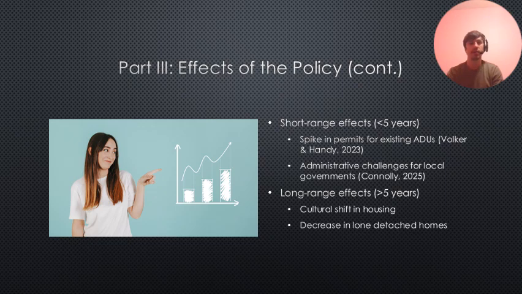The short-term effects also entail administrative challenges for local governments as they adjust to the policy changes. Research shows that local governments tend to show an anti-growth bias. This means that the policies and approach to housing development taken by local governments often require significant change in response to this kind of policy.